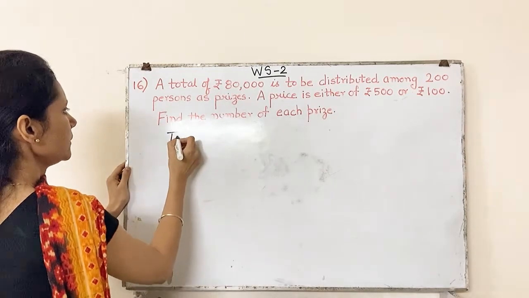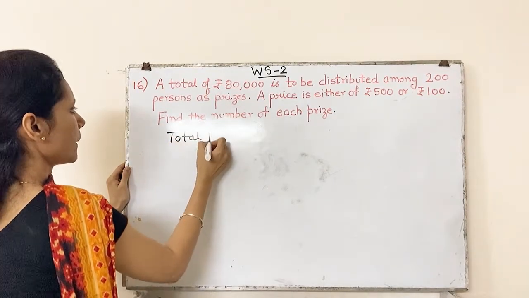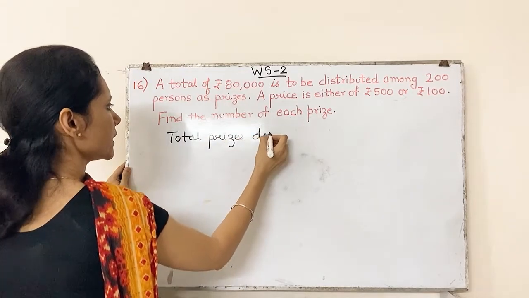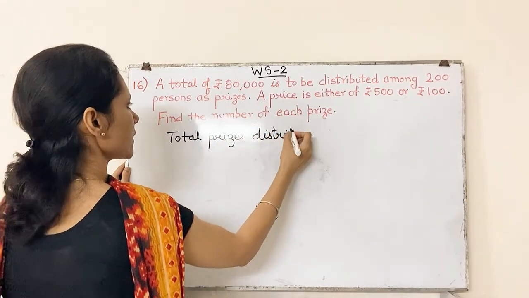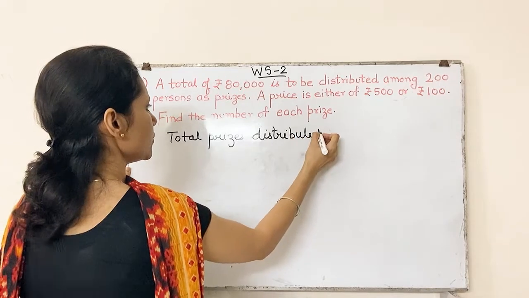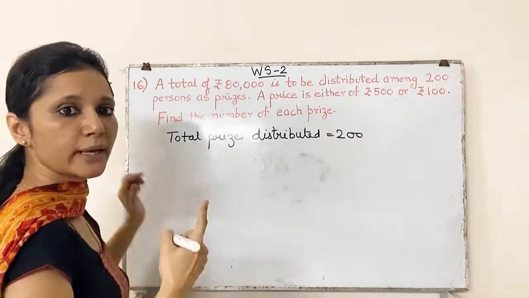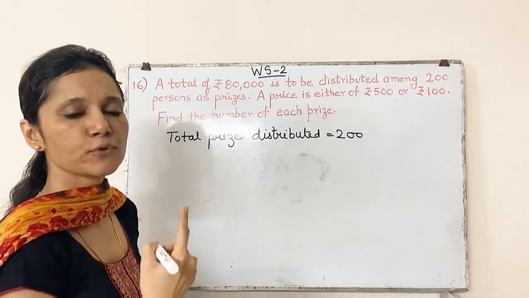So total prizes distributed is equal to 200.